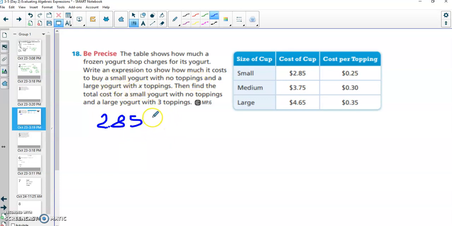So plus, let's see, a large yogurt, that's here. Okay, 4.65.